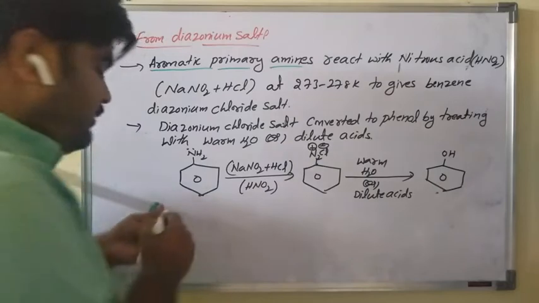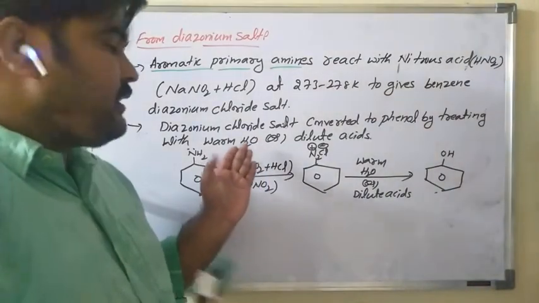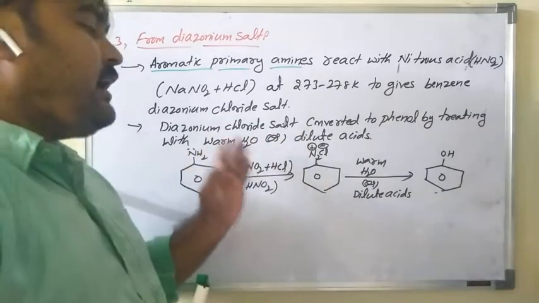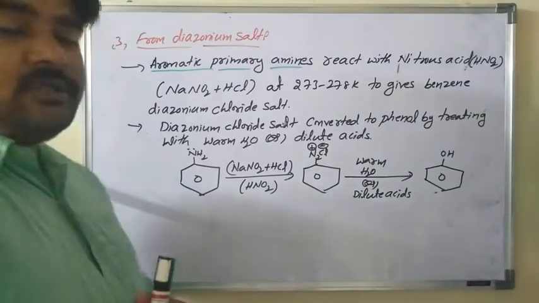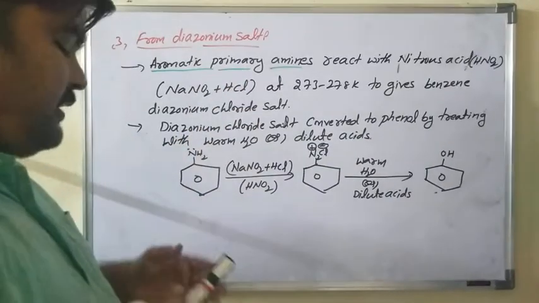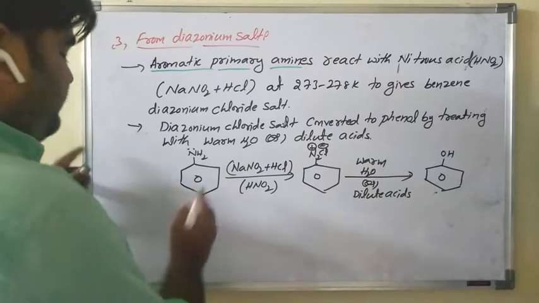So benzene diazonium chloride is converted to phenol by hydrolysis with warm water. So this is the preparation from diazonium salt. Aromatic primary amines, this name is aniline.